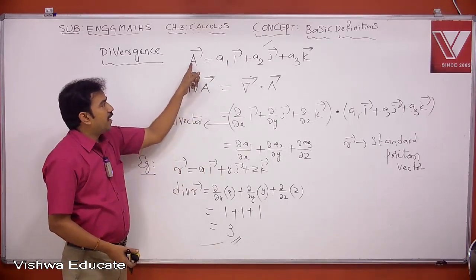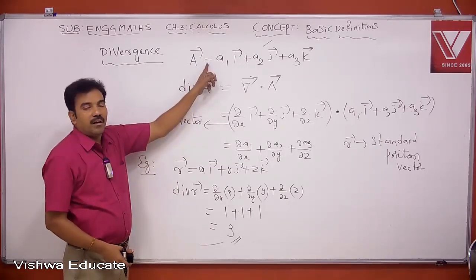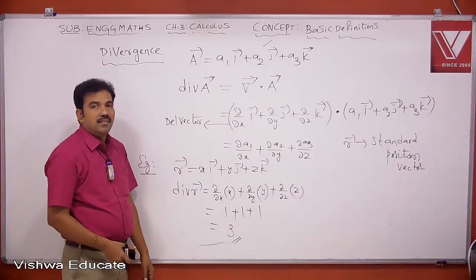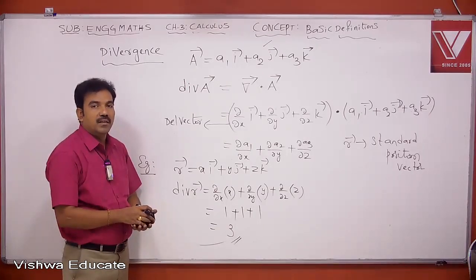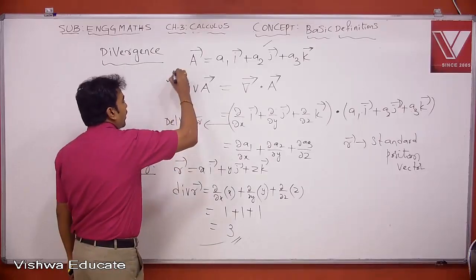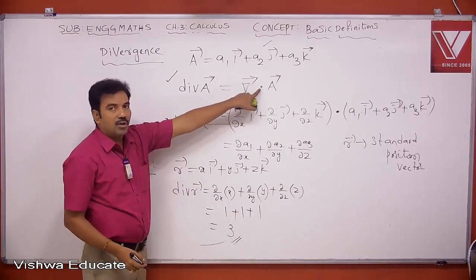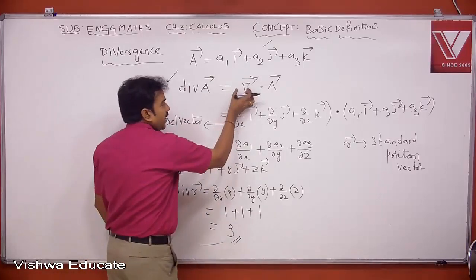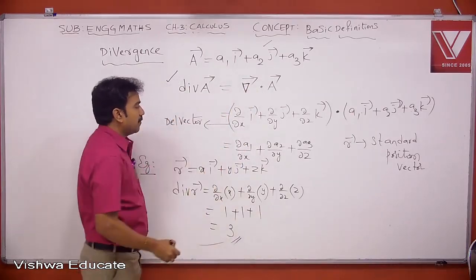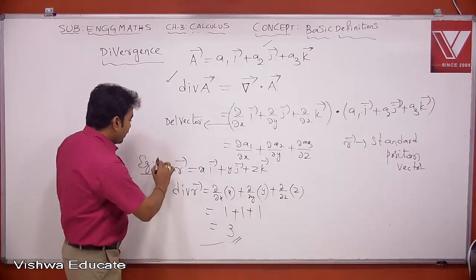The divergence of A bar is denoted and defined as div A bar equal to del bar dot A bar. This is read as del bar dot A bar. So work out this followed by this example.